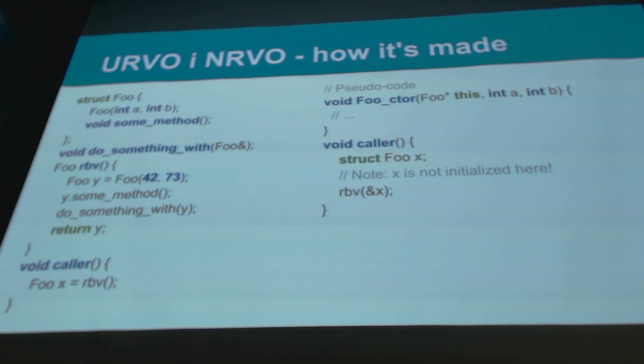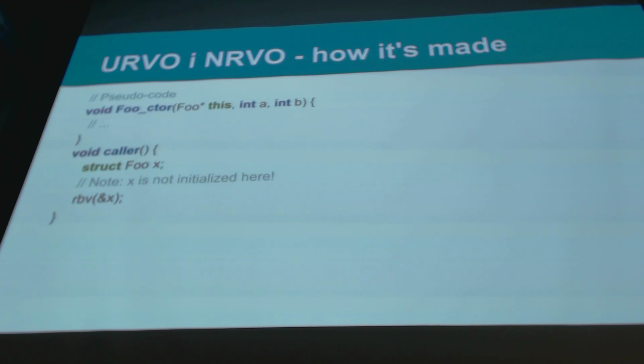Firstly, of course, there is nothing really like a method. All methods are just functions that take the this pointer as the first argument. So of course, the constructor will be changed to a function like this, and on the caller side we'll do something like this. I cannot express it in C++, but we'll just take some memory for struct foo without constructing it yet.